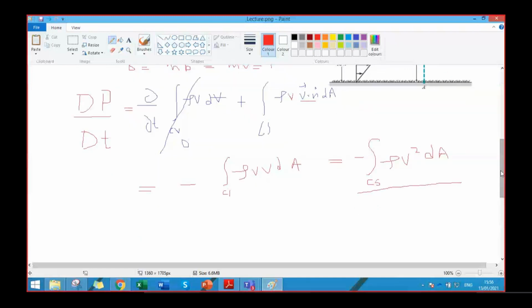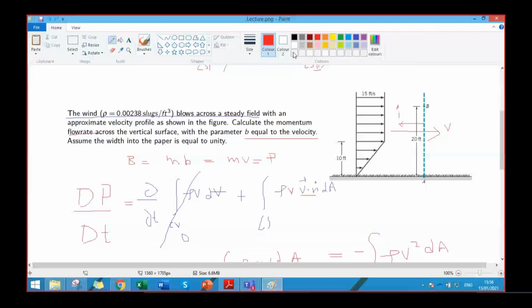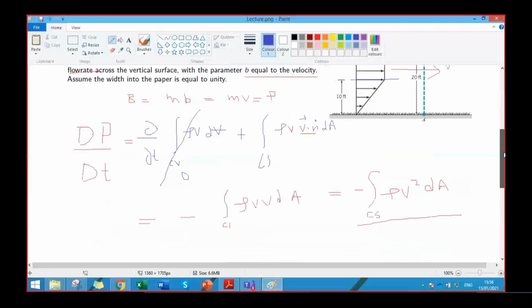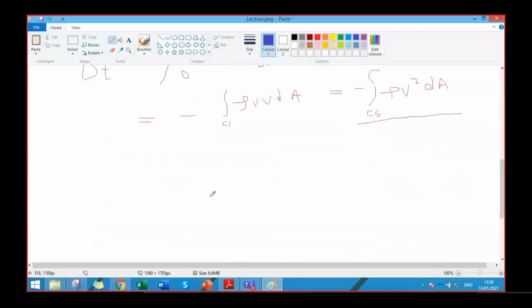Now how to solve this integral? We know that velocity has two parts, from 0 to 10 feet and then 10 to 20 feet, so we need to know the velocity function in each. We will break this integral into two parts.